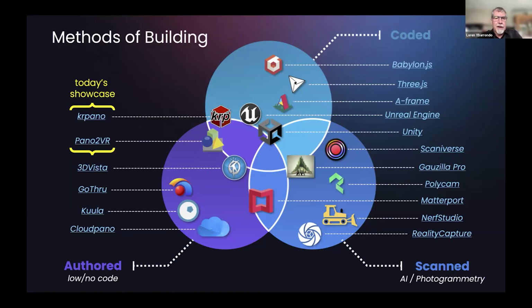There's a blending there. And the two products that we'll be talking about today, you can see, I'm kind of trying to differentiate between them. They have a lot of similarities. They can produce both simple turnkey stuff and very sophisticated things. But krpano, I'm putting a little bit more towards the coding realm, some of the scripting or some of the things that you can integrate it with.